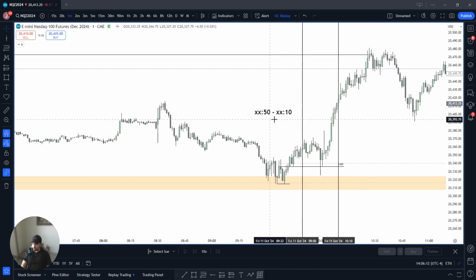So very, very important that you pay attention to the top of the hour macros for entries, or if you entered before the macro started, pay attention because the job of these macros is to either deliver it to the drawn liquidity or rebalance a fair value gap. That's all these macros are doing. And if it doesn't do it within the macro, pay attention to the next macro, okay? These are the only macros you need to pay attention to and the only intervals of time throughout the day that you need to pay attention to, right?